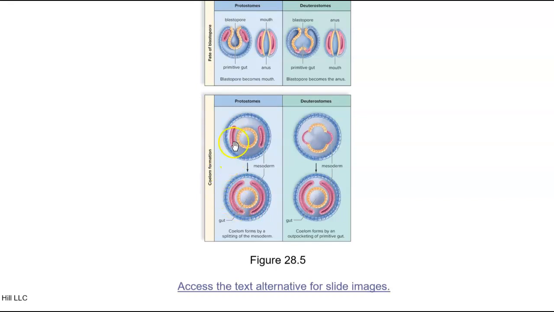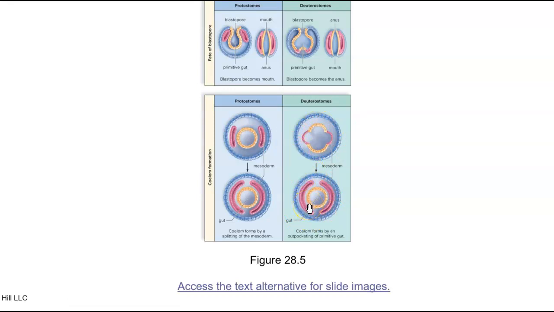If you notice, the mesoderm tissue forms differently in protostomes. The coelom forms by a splitting of the mesoderm, whereas in deuterostomes the coelom forms by an outpocketing of the gut. See how the mesoderm makes an outpocketing early on, and then the mesoderm tissue forms, and inside the mesoderm is your coelom.